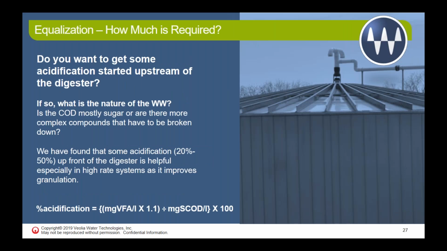So how much is required would be directly proportional to the swings in the flows that we see within the system. Short time swings or prolonged swings in the system will be equalized.